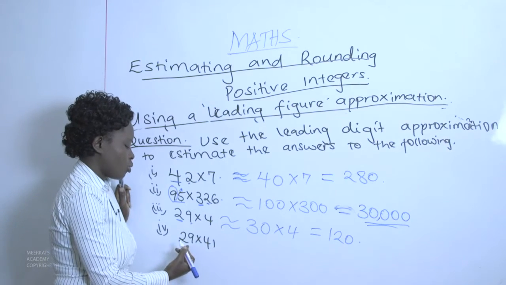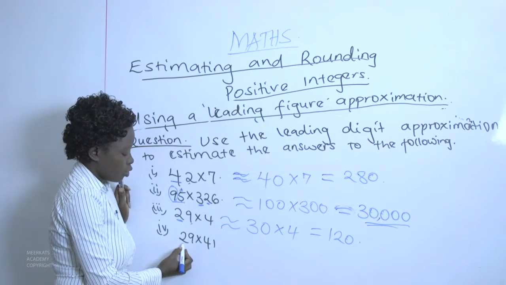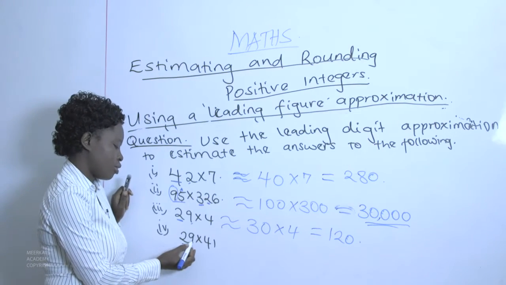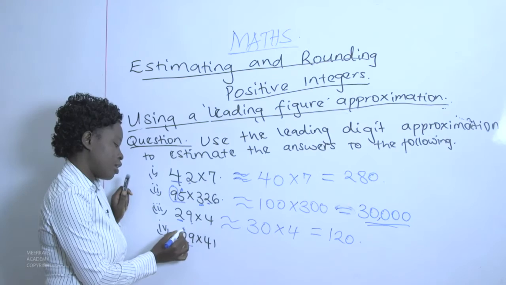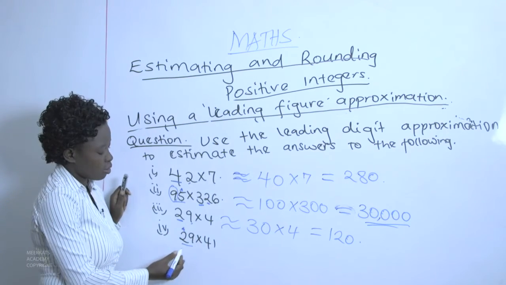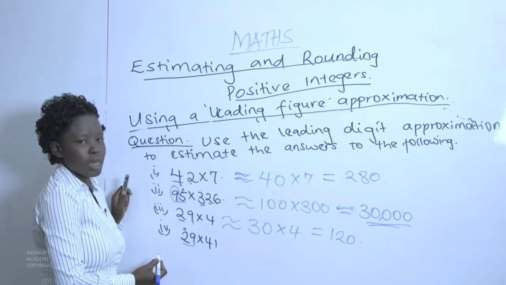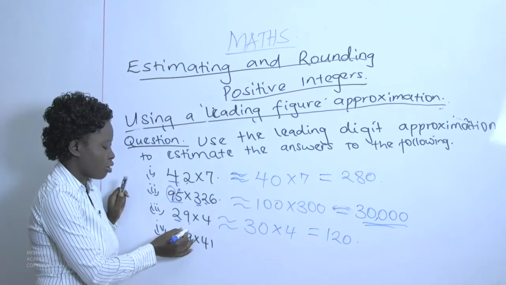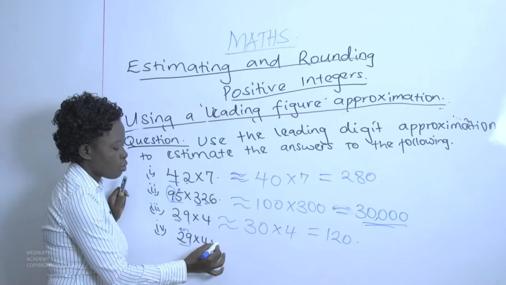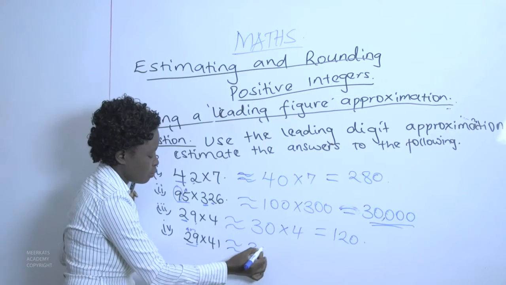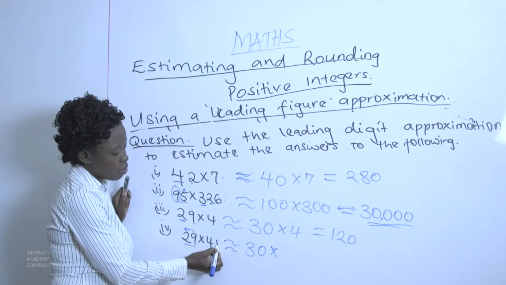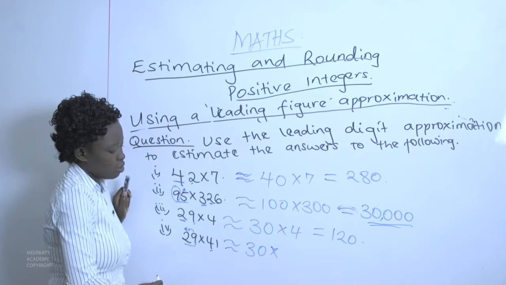Next, we have 29 multiplied by 41. We check the first number, 29. Our leading digit here is 2. The next digit is 9, which is more than 5, so it rounds our digit up so that we get 30. Then for 41, our leading digit is 4.